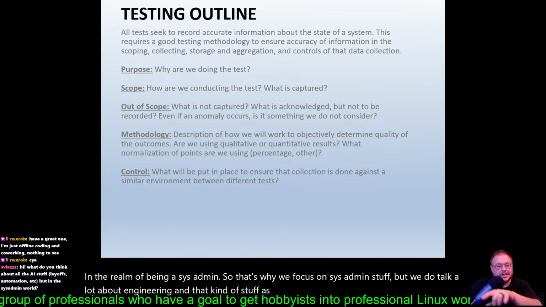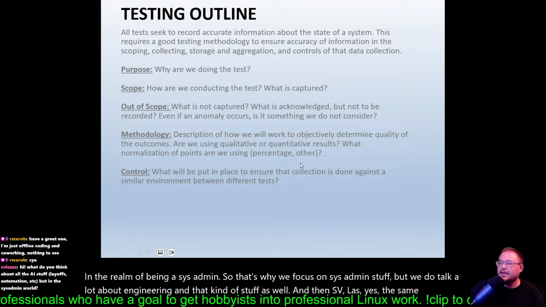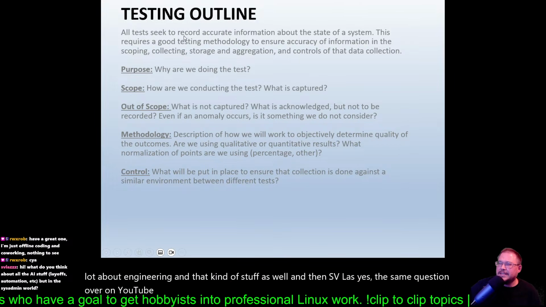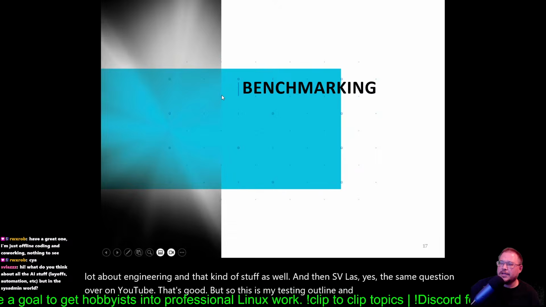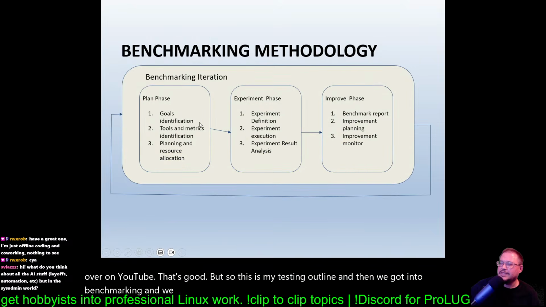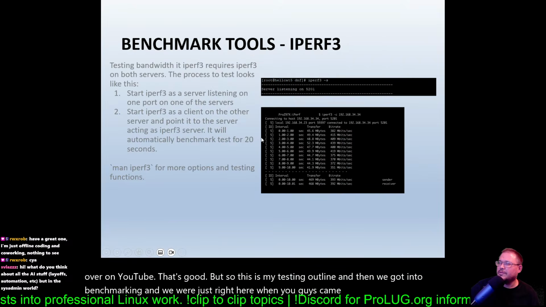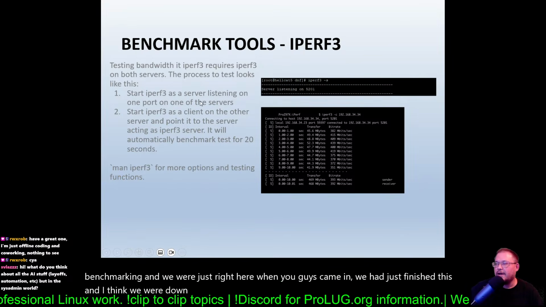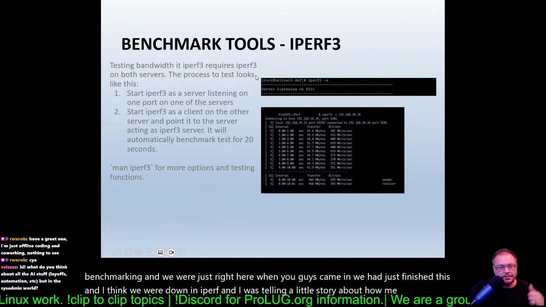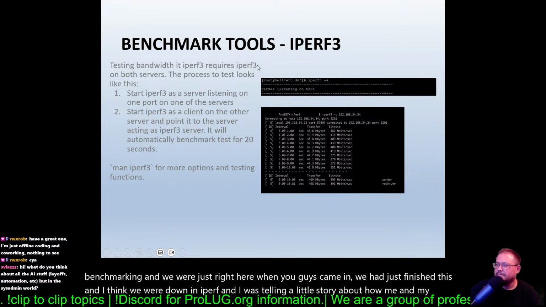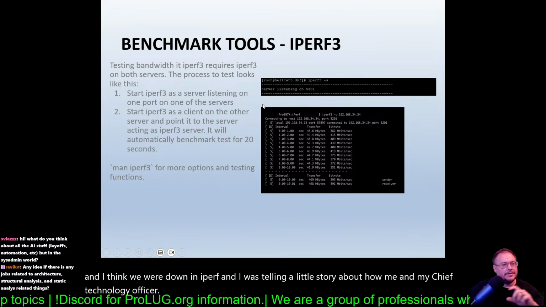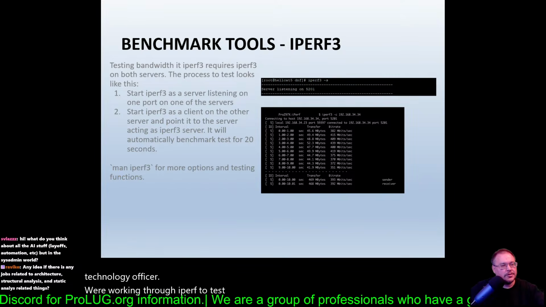And then SV Lazzy asked the same question over on YouTube. That's good. But yeah, so this is my testing outline, and then we got into benchmarking, and we were just right here when you guys came in. We had just finished this, and I think we were down in iPerf, and I was telling a little story about how me and my chief technology officer were working through iPerf to test the speed of one of our customers' network links.